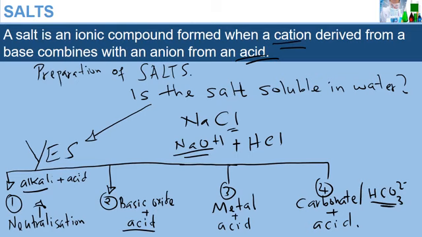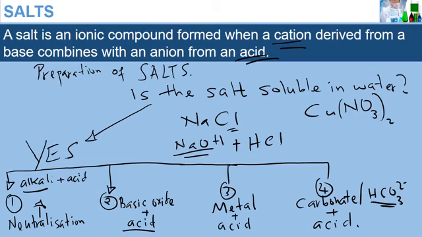Let us take, for example, we want to prepare copper 2 nitrate. You know very well that copper is lower than hydrogen in the reactivity series, and its oxide is insoluble.